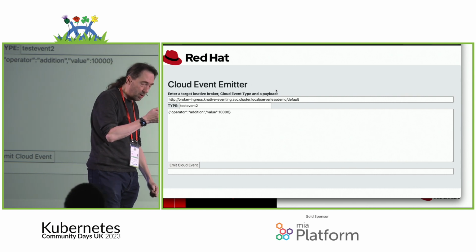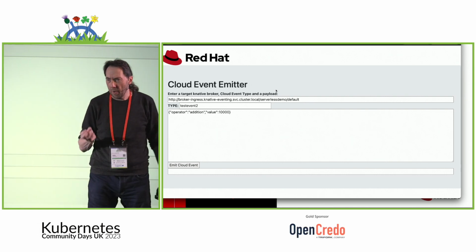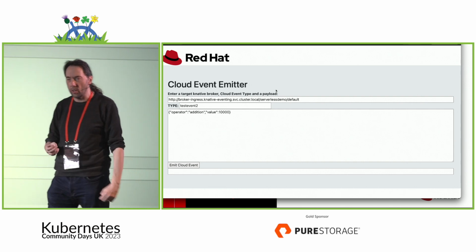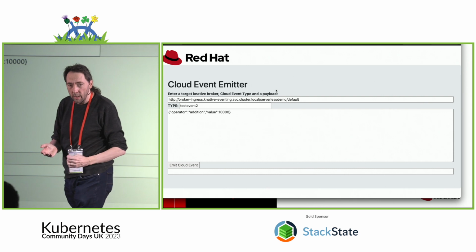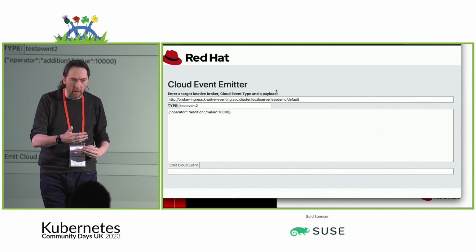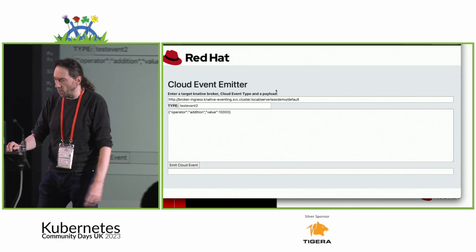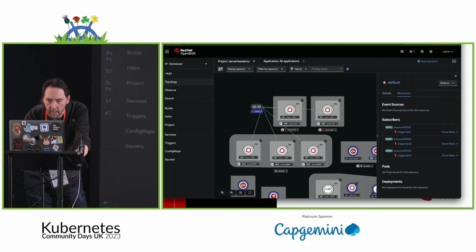So what this is going to do is drop an event into the broker. The broker is going to spin off kneuron 2, which is linked to test event 2, and pass that payload in. That neuron's going to get its state from the data grid, add 10,000 to it, and if that exceeds its threshold, which is set to 1,000, it will emit a high event. So just to show how it actually works, I'll emit the event and then pop back.